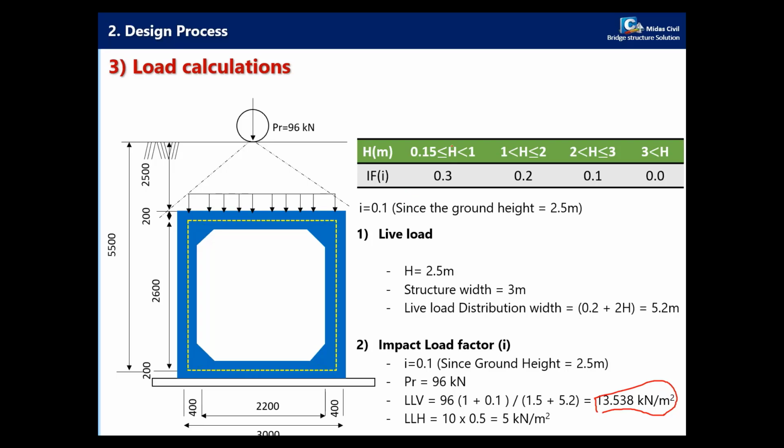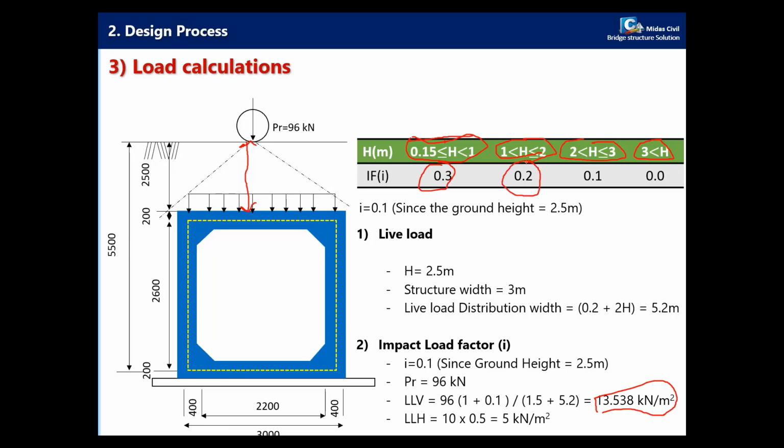When you want to check the value of the impact factor, you can check the code, and they give the impact factor even in tabulated form, so you can check it very well. Based on the distance from the top surface to the upper slab, when it is in this interval, the impact factor is about 30%.